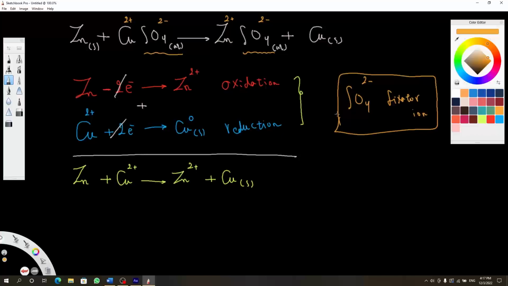Now, if we are conducting this experiment in lab, what do we notice? First of all, zinc, just like all other metals, is a gray metal. Here, it turned into an aqueous, so the gray metal will disappear. So that's the first observation. Next, we have a solid of copper. Copper is one of the two metals that we've mentioned that has a different color than gray.